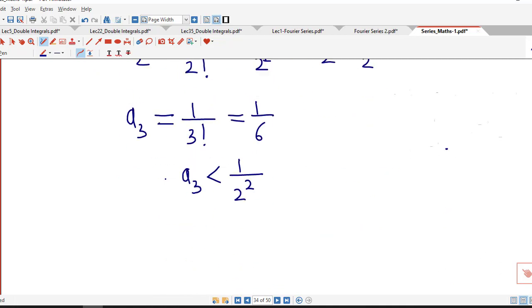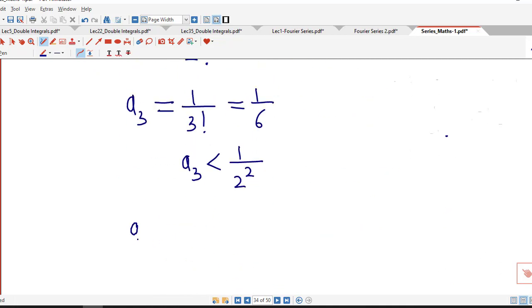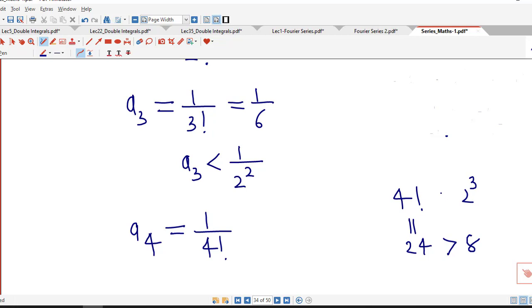So now the fourth term of the given series is a4 equal to 1 by 4 factorial, and if we consider the relationship between 4 factorial and 2 raised to 3, 4 factorial is 24, which is greater than 8. So 4 factorial is bigger than 2 raised to 3.